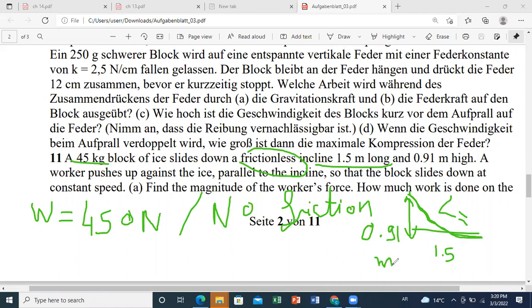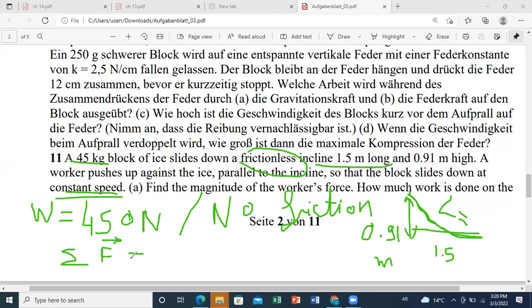Now, as I said, the worker is doing a force on the ice parallel to the incline in a way that the block will slide down at constant speed. So whenever they say that the block slides down at constant speed, this means that sum of forces equals 0. This is dynamic equilibrium.